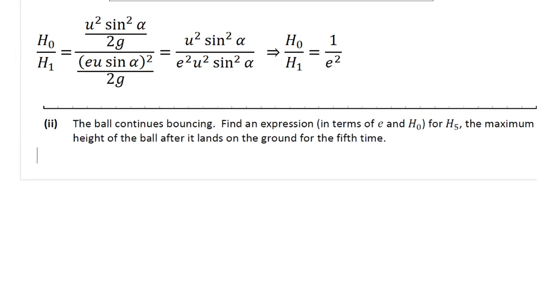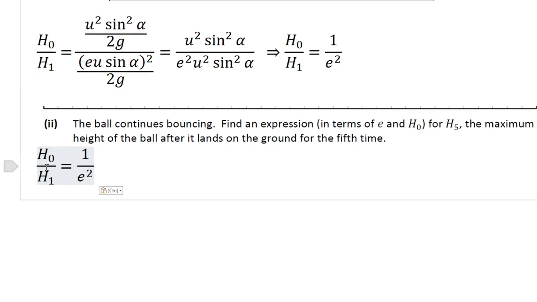Now, it may seem like a bit of a cop-out to do this, but this is the mathematically perfect thing: our H0 over H1 is the ratio between successive heights, and the ratio between successive heights is due to the coefficient of restitution between the ground and the ball, kind of reducing the height of the ball each time.